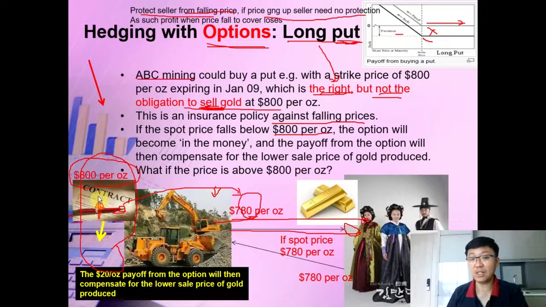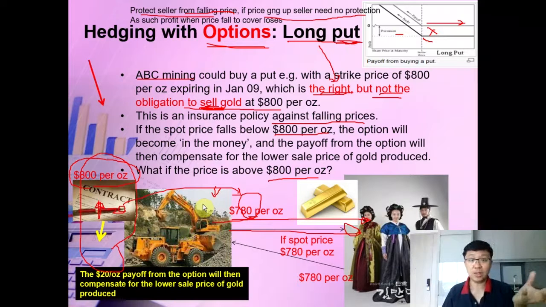So the $20 gain here with the $20 loss over here will eventually even out, and the price will remain at $800 per ounce. So this is how the payoff from one contract covers the loss of the original transaction.